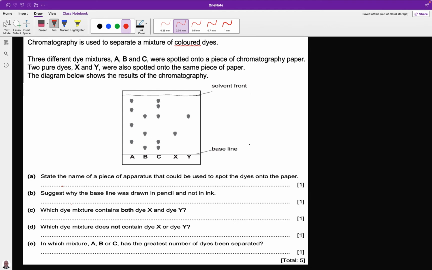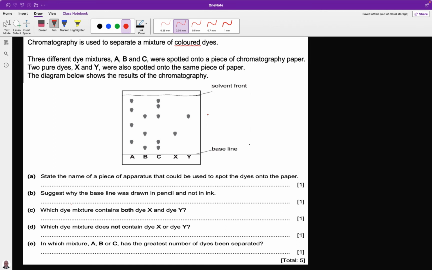Ink has many colors present in it. It could be blue, it could be red, it could be yellow. They have a mixture of other colors. So ink will dissolve, and when ink dissolves, it will undergo chromatography.